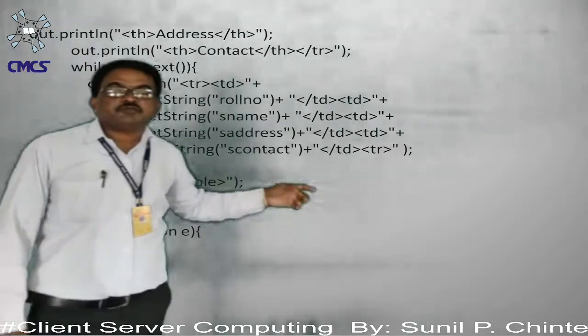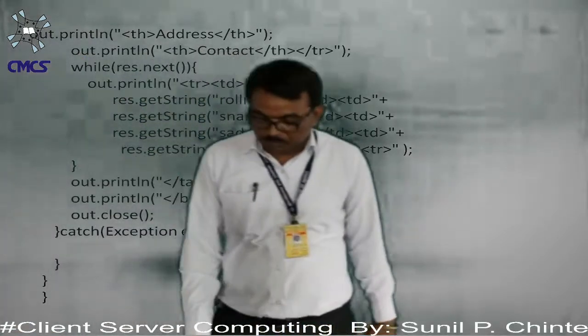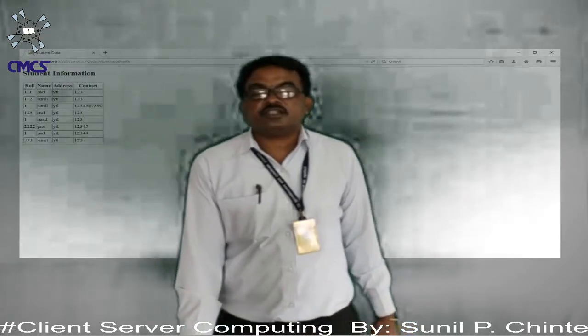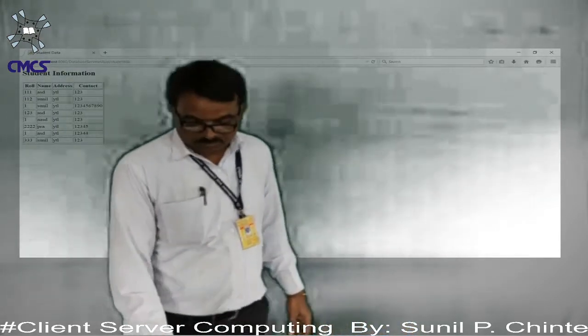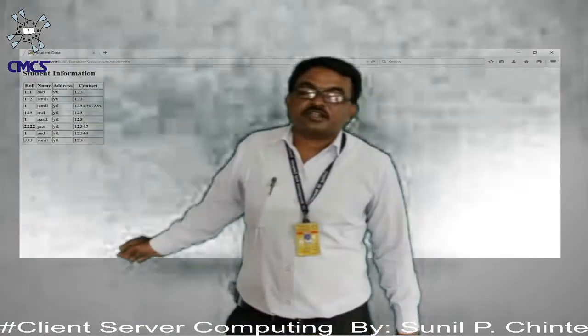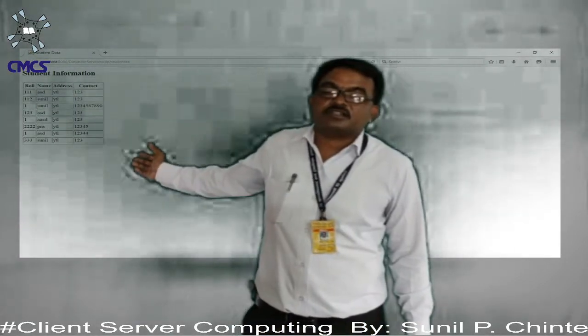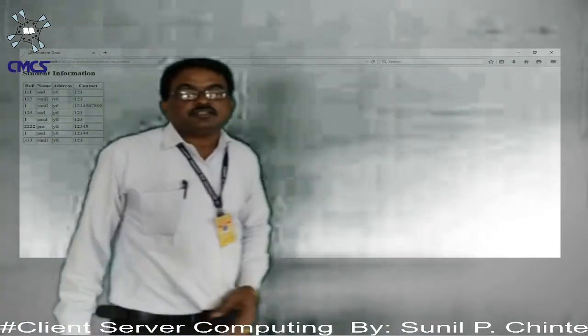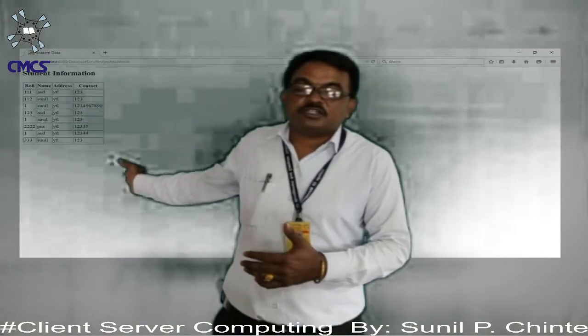By using this we can put the result obtained by the SQL queries. After executing that servlet, we obtain the result as you can see, written by the servlet to the client.